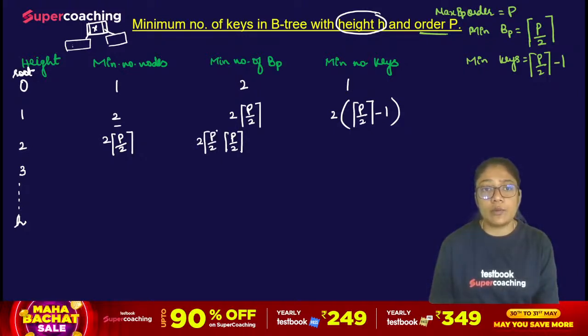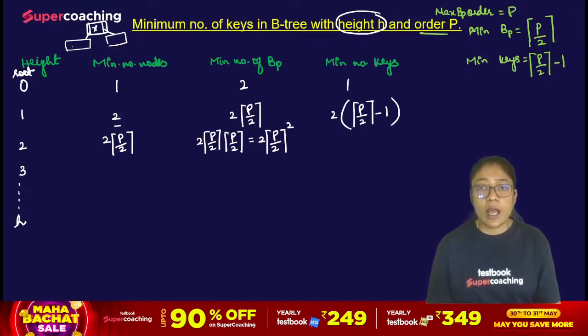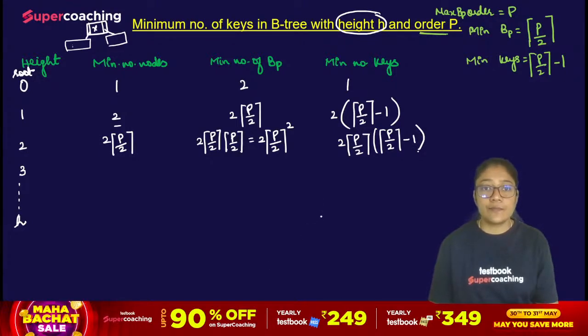So simply we can write this as 2 times p by 2, whole squared. Here we have these many nodes, and in each node there are p by 2 minus 1 keys. Are you getting this?